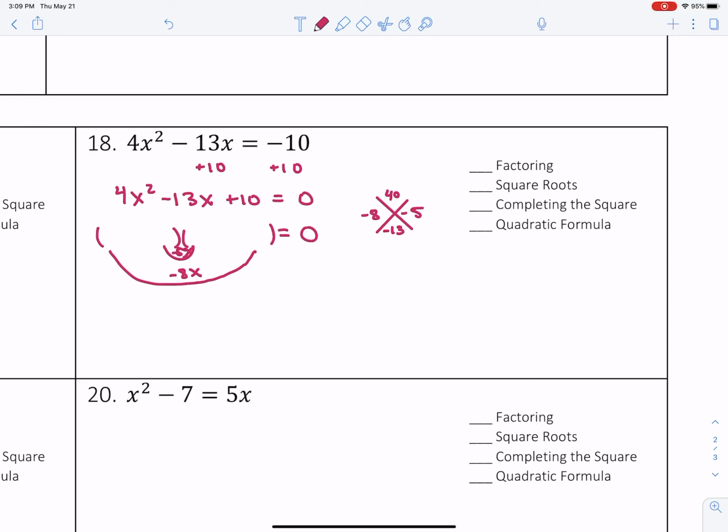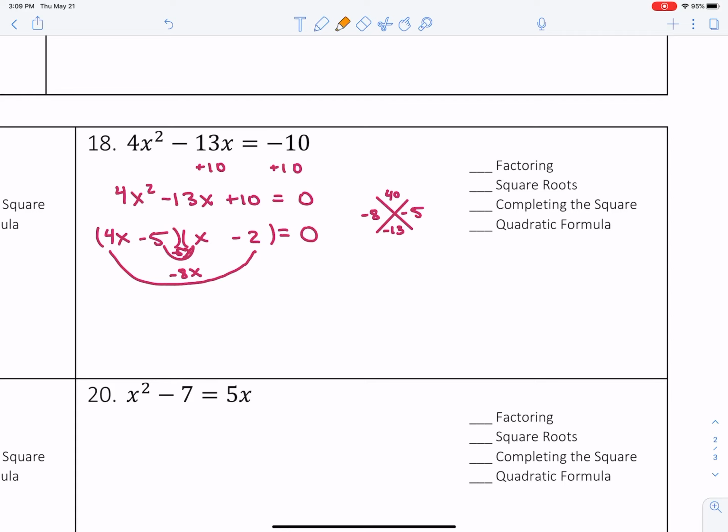But from here, you can think about your factors for negative 8x. That's going to be a 4x times negative 2. Leaves me with an x here and a negative 5.